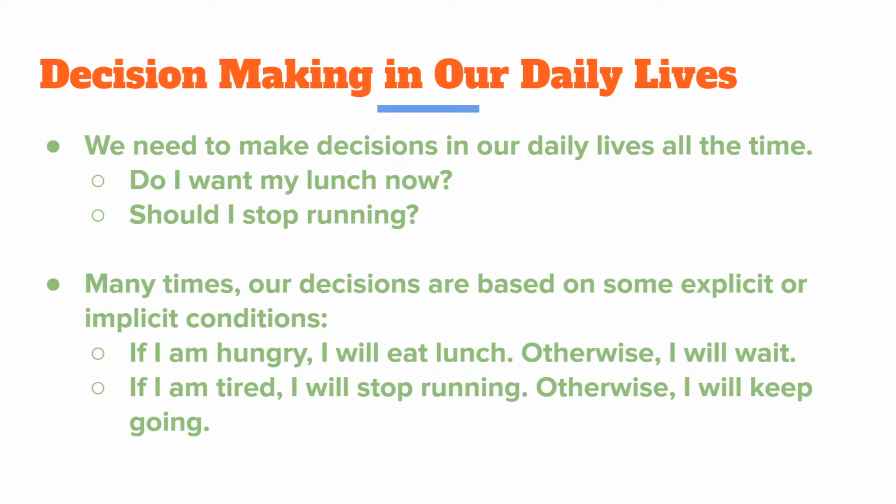So when you would eat lunch, the implicit condition would be whether or not you're hungry. And if you're hungry, then you would eat lunch. Same thing with, say, running. If you're tired, then you would stop running. Otherwise, you keep on running. And so most of our decisions in our lives have some sort of implicit conditions behind it. And it's important to analyze these implicit conditions because it's very important when you talk about if statements.